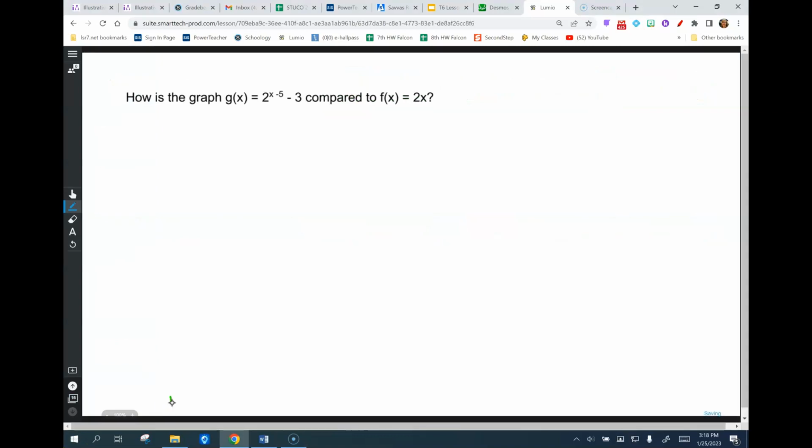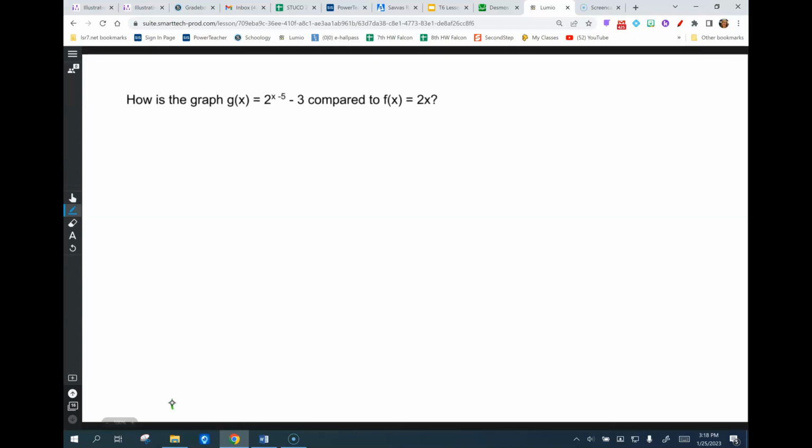Now I made up one other one, and I'd like you to put this in place of the one on page 134. Put it on page number 5. So write this in number 5. How is the graph g of x equals 2 to the x minus 5 minus 3 compared to 2 to the x? So we're just going to look at the shifts. So this right here tells me that it's going to shift down 3.